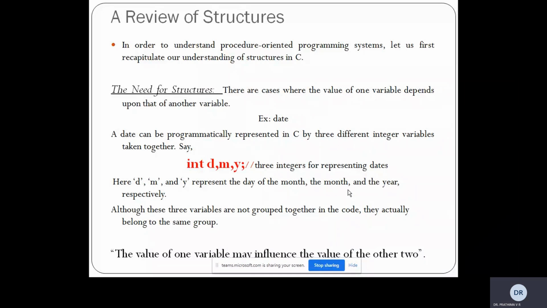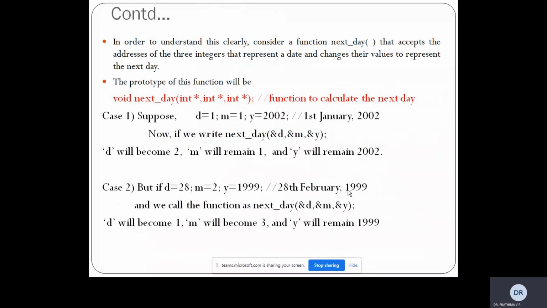Here we could note the value of one variable may directly influence the other two variables as well. To understand this specifically, let's take one method by the name next_day. The next_day function accepts the addresses of three integers, which represent a date, and changes the date to the next value.